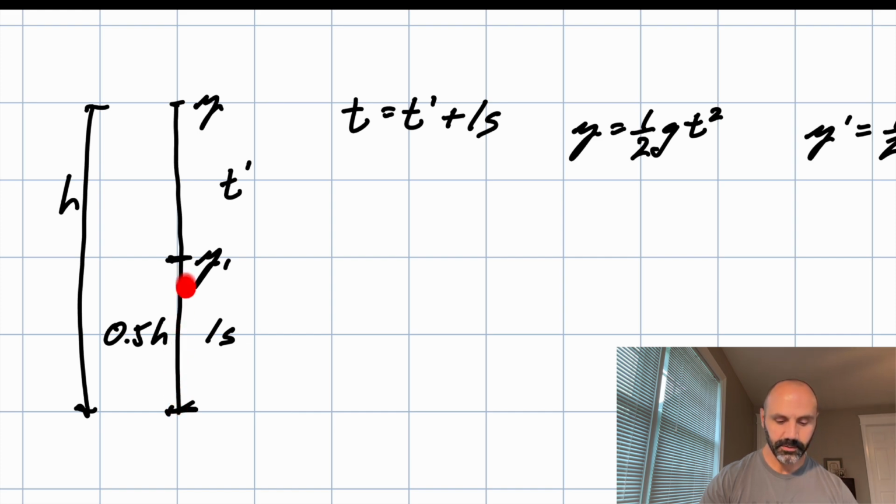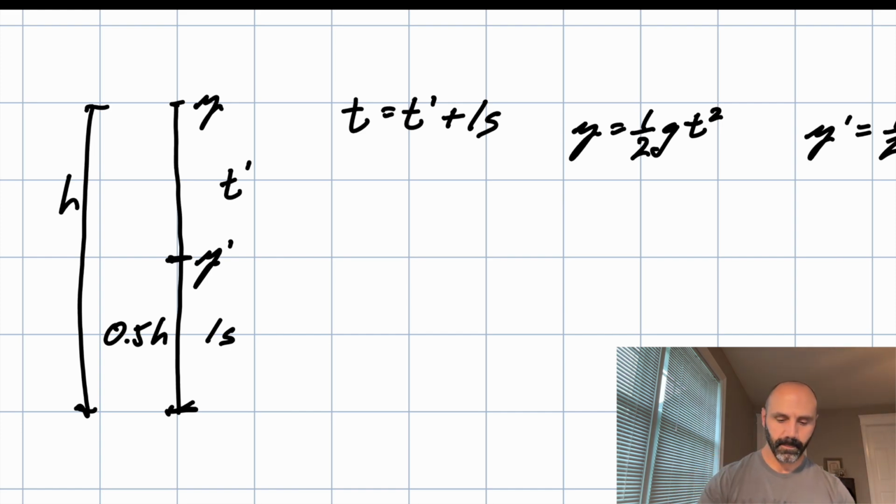I'm just pointing out here that this is 0.5 h. But I called the lower half y1, or you could call it y prime, y1, something like that. Actually I called it y prime. So I'm going to move this thing up here. And I called the capital H y. So y is the full height, y prime is the half height.